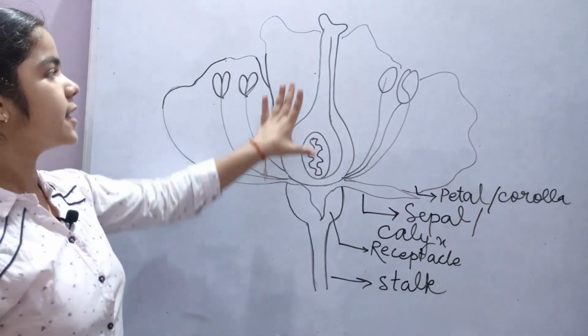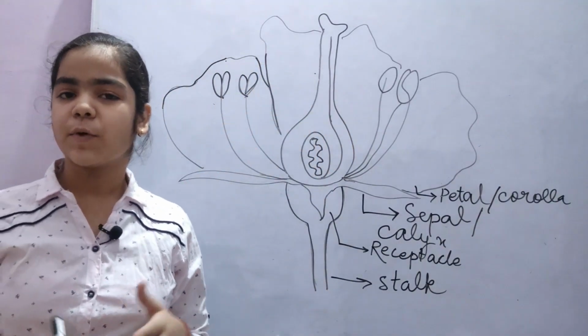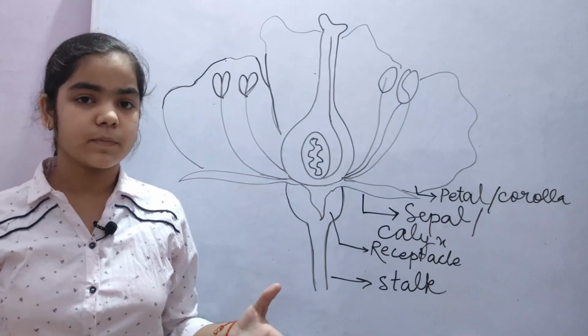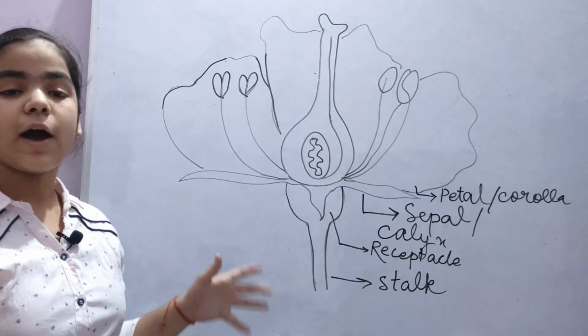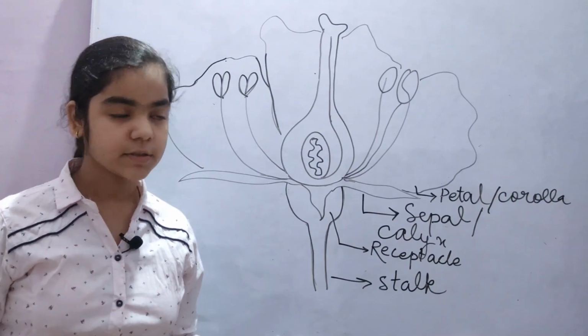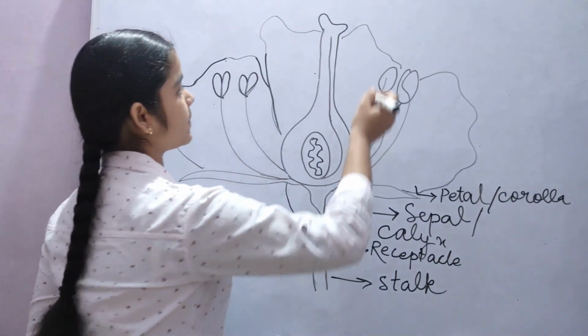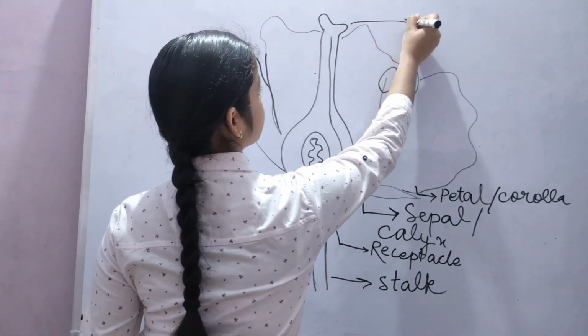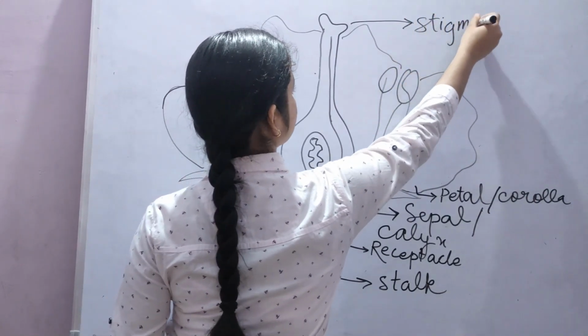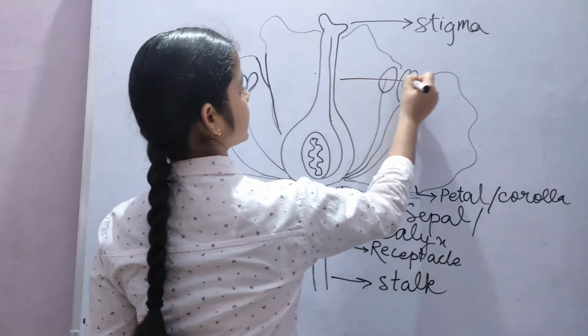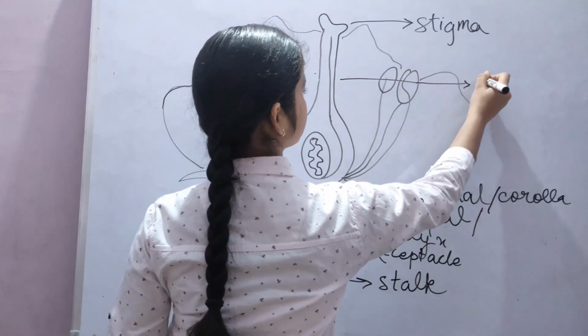Now let's see. This is the female part. Without a female part, how will a flower reproduce? And without this, how will the varieties be formed? So this is the female part. This part is called stigma. And this is the style.